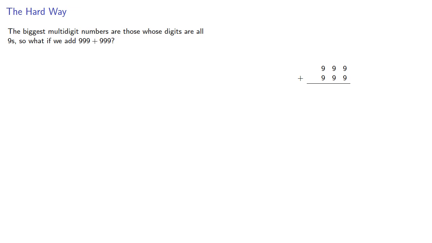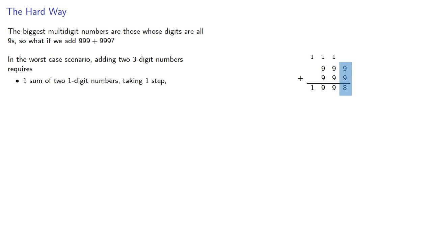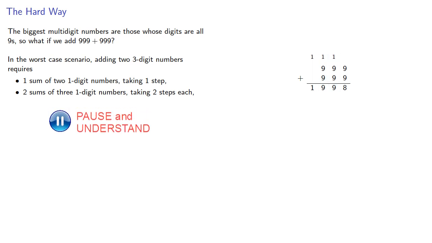So we can add, and note that when we add, we often have to introduce a carry digit. So in the worst-case scenario, adding two 3-digit numbers requires one sum of two 1-digit numbers, taking one step and introducing a carry digit, and then there are two sums of three 1-digit numbers, taking 2 steps each, for a total of 5 steps.